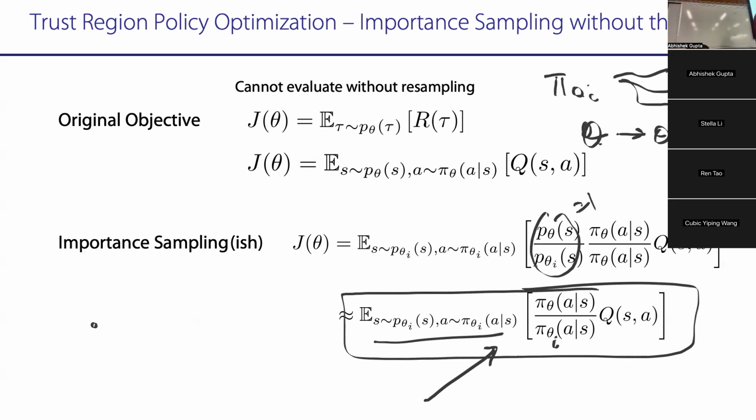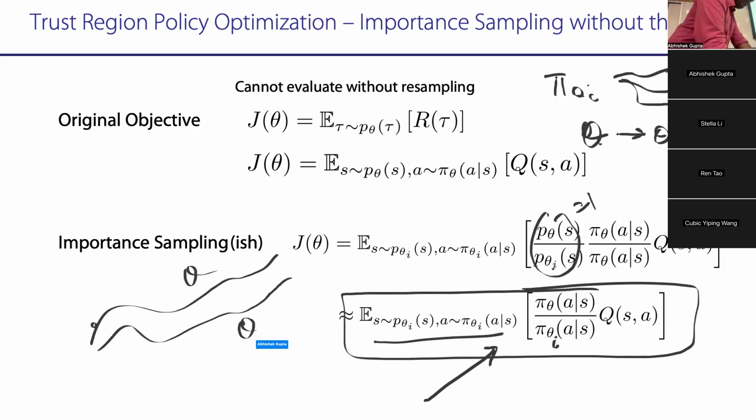You can think of p theta of s as the visitation under theta, and p theta I of s as the visitation under theta I. The logic is that if theta and theta I are not that different, then p theta and p theta I are also not that different, because if they're boundedly different, their long-term visitation is boundedly different. So if you take too many gradient steps, this approximation of setting it to 1 is very wrong. It's often an empirical choice, but you take like 4 to 5 gradient steps, not like 50. Does that make sense?